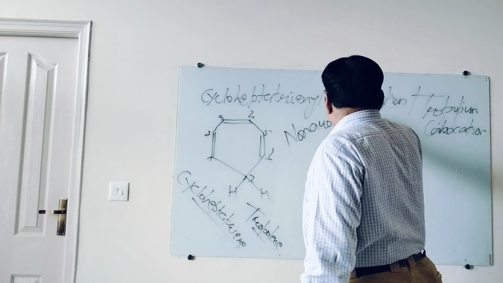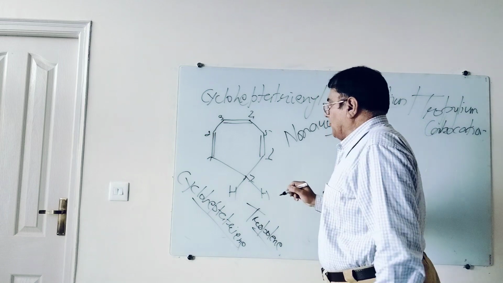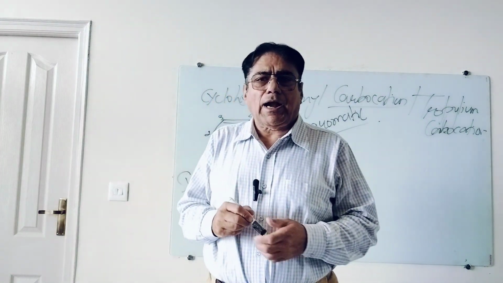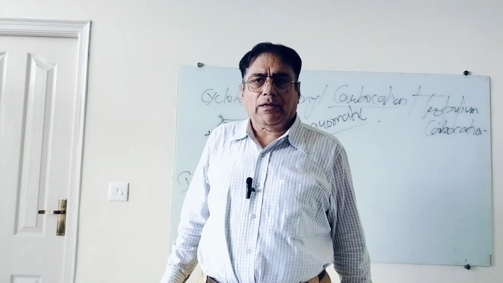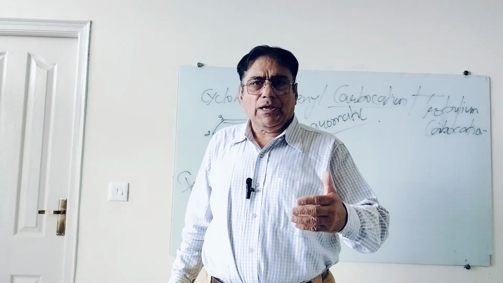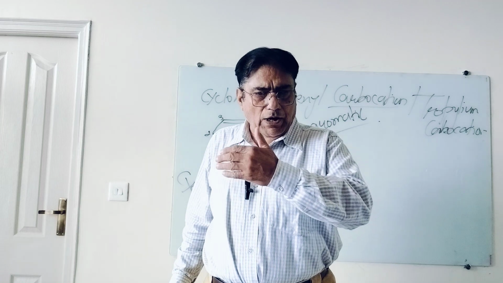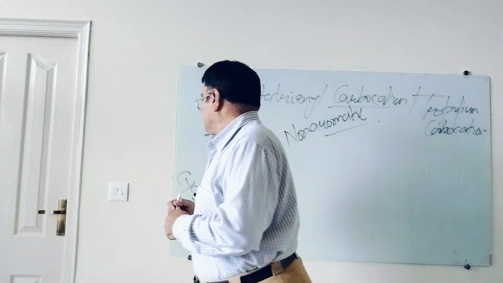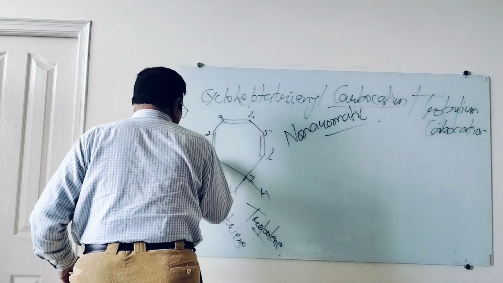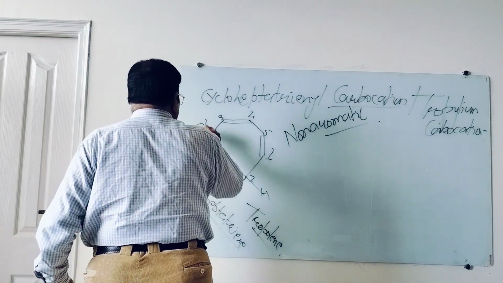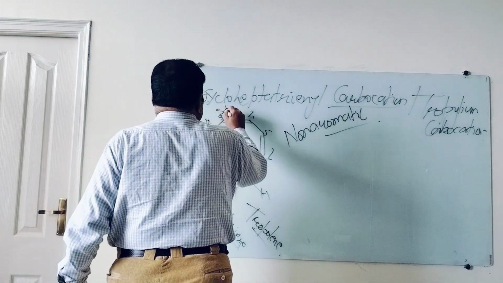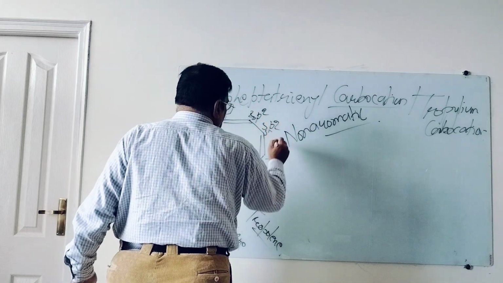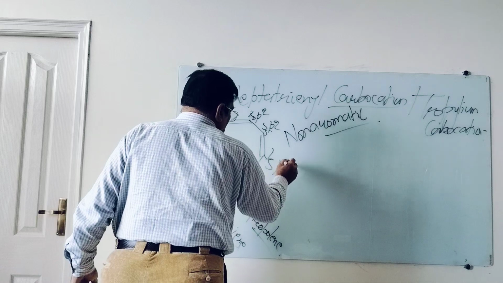Non-aromatic compound. Why? Because for aromatic and anti-aromatic, I did say in my lectures on that topic, all the carbons must be sp2 hybridized to get the planar structure for the delocalization of pi electrons. This is undoubtedly sp2 hybrid. This is sp2 hybrid. This is sp2 hybrid. These 6 carbons are sp2 hybrid.